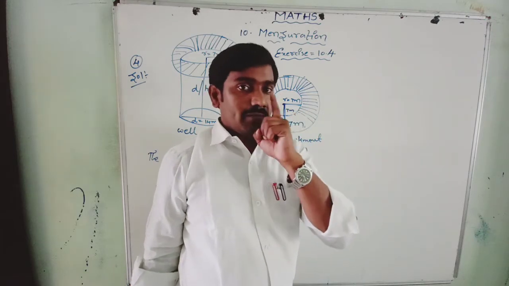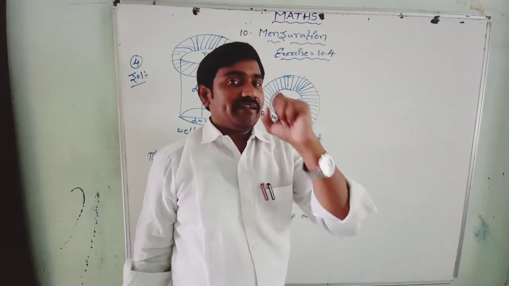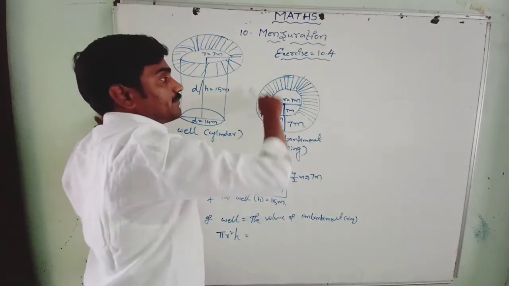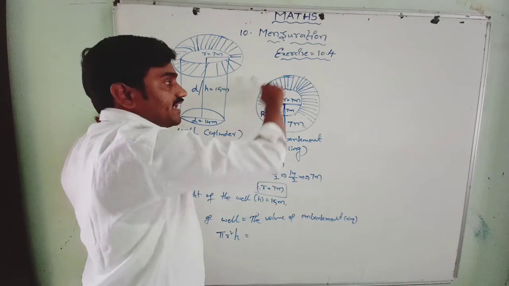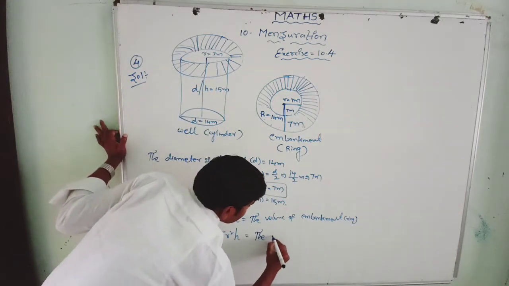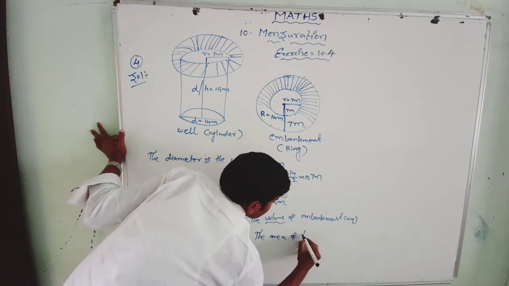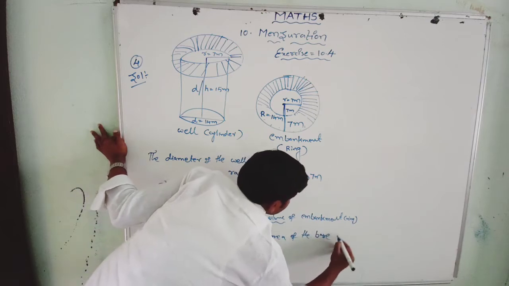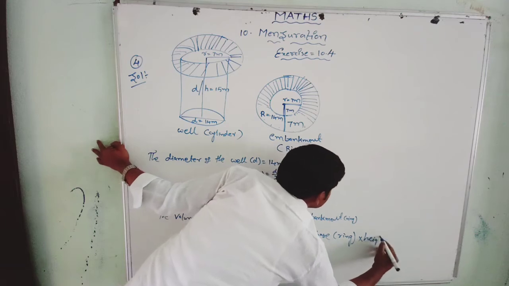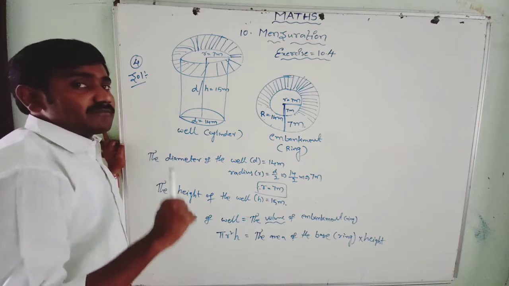What is it? Area of the base into height. Here the base is a ring, so we can write the area of the ring into height. The area of the base, nothing but the area of the ring, into height. Area of ring formula is pi of capital R square minus small r square.